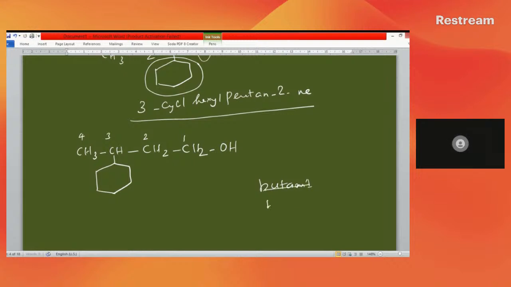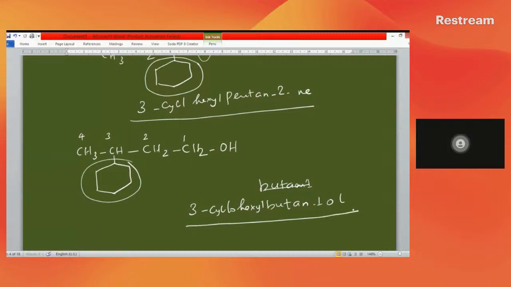The branch is this one, which is present at third position. It is to be called 3-cyclohexyl butan-1-ol. It's an alcohol.